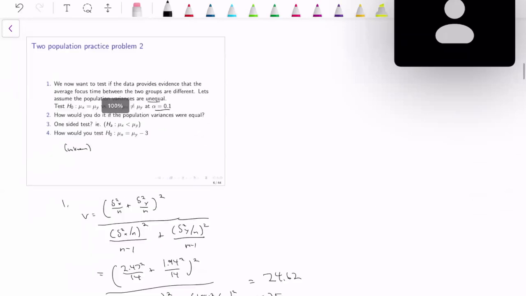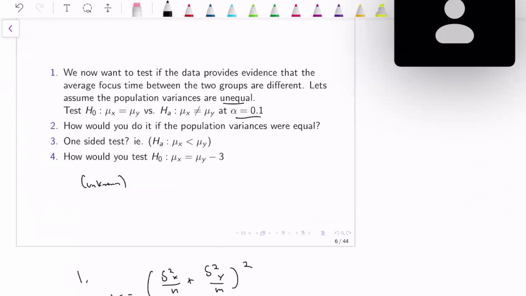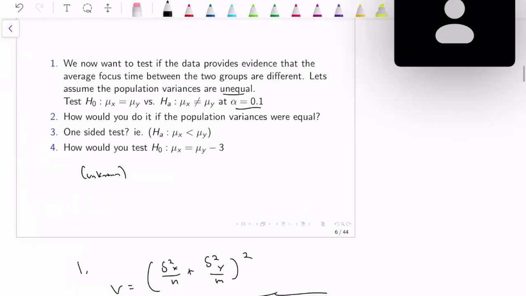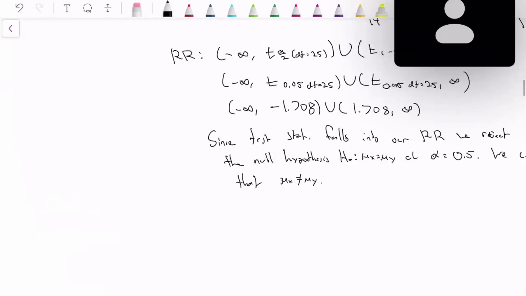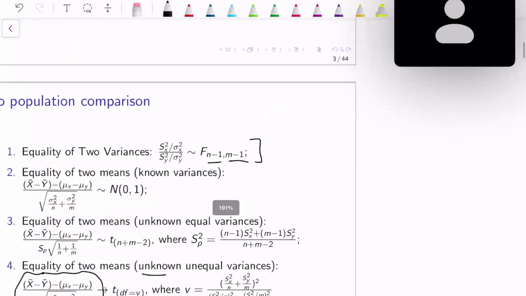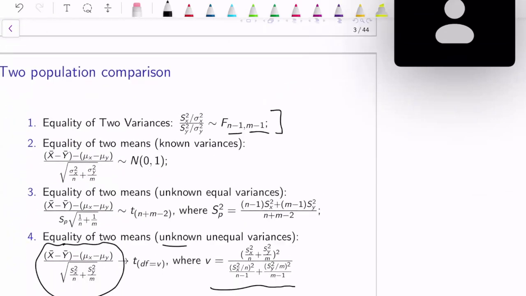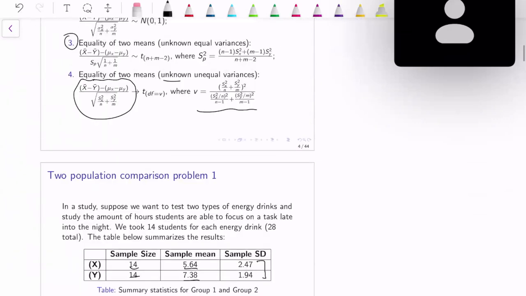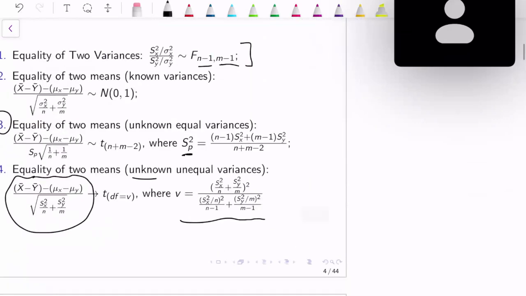So part two is asking, how would you do it if the population variances were equal? Again, if the population variances were equal, then you would be using this formula here, formula 3. So then you would be calculating this S squared P here.